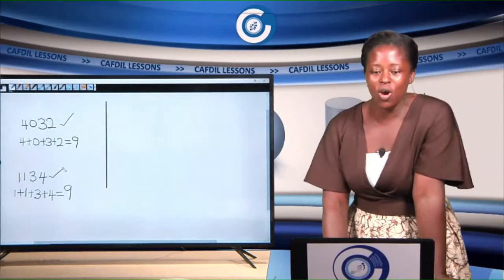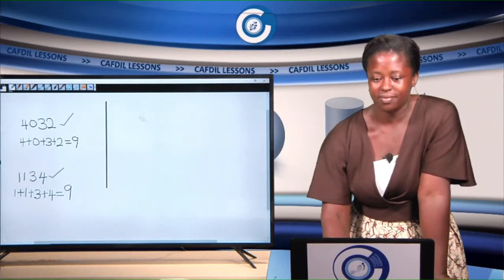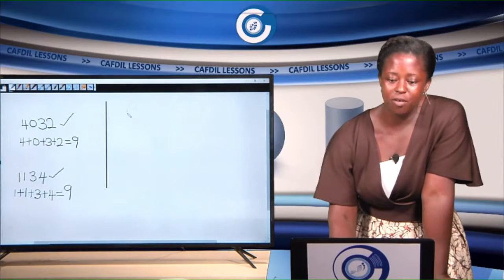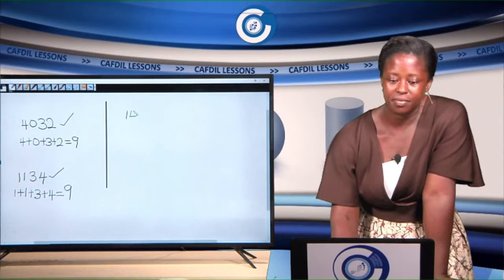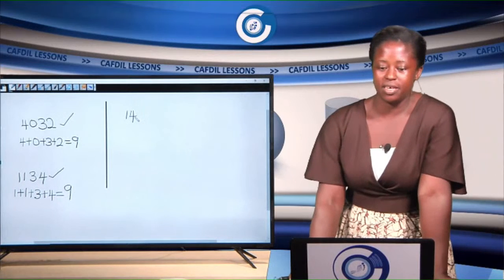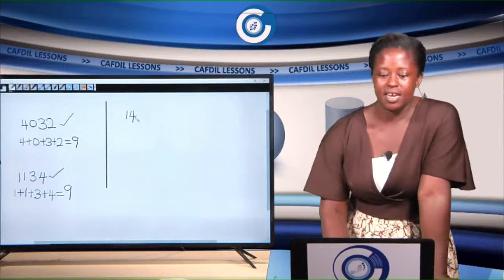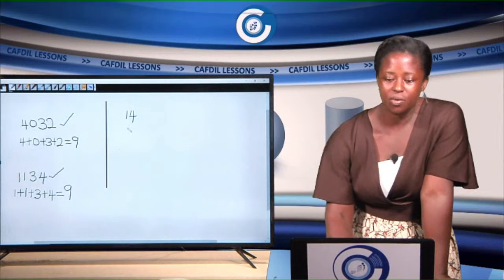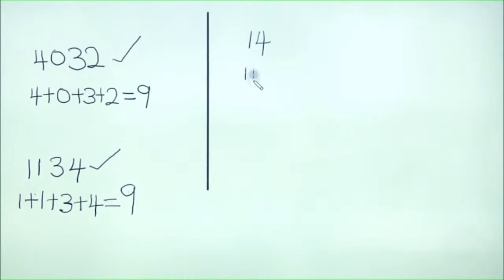Let's try more. This time I'll give you 14. Is 14 divisible by 9? Let's add the digits and see. We have 1 and then 4. When we add 1 and then 4, the sum will be 5.